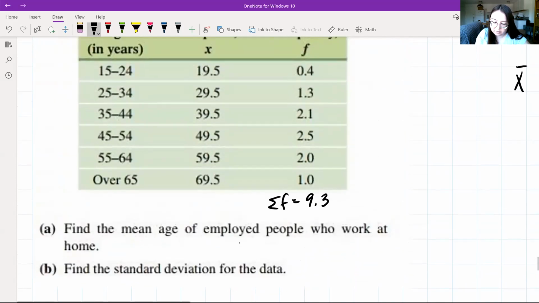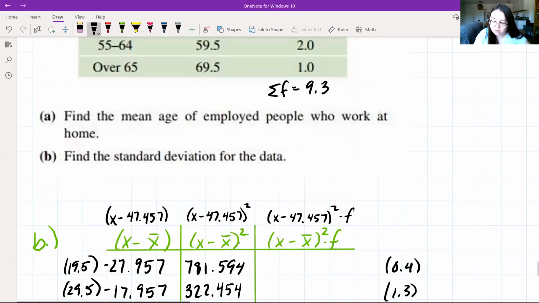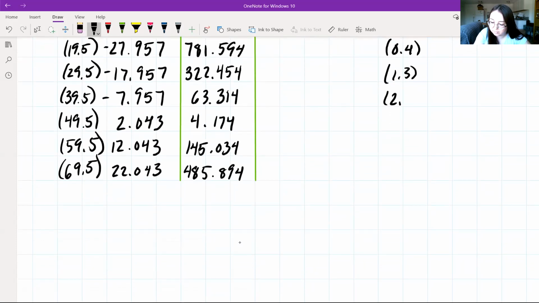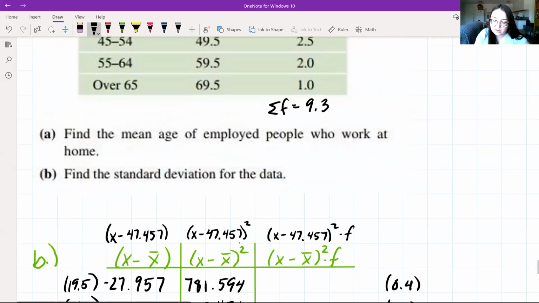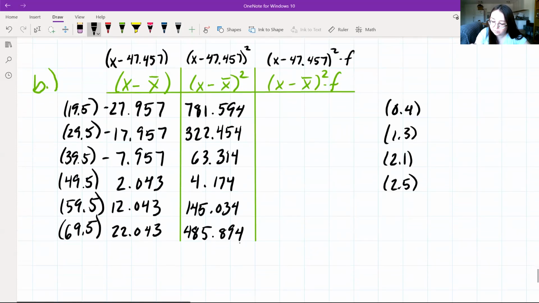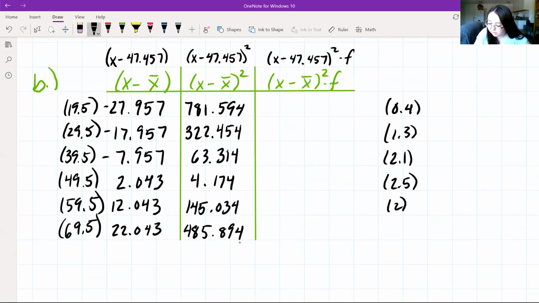Our frequency for 39.5 was 2.1. Our frequency for 49.5 was 2.5. Our frequency for 59.5 was just 2. And our frequency for 69.5 was 1.